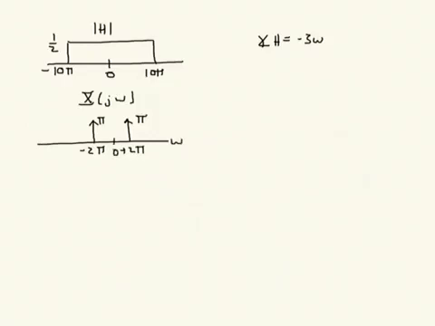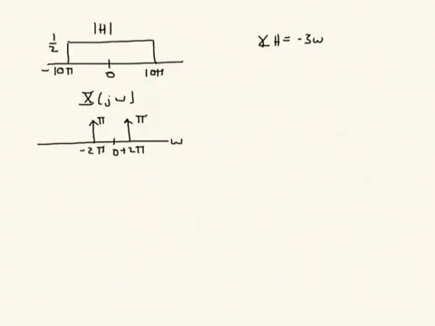So this is what the Fourier transform of the input signal was, right? Because the input signal is cosine 2 pi t, and this is what the Fourier transform of cosine 2 pi t looks like. That's a transform pair we discussed in class, and we derived it using the Fourier series.